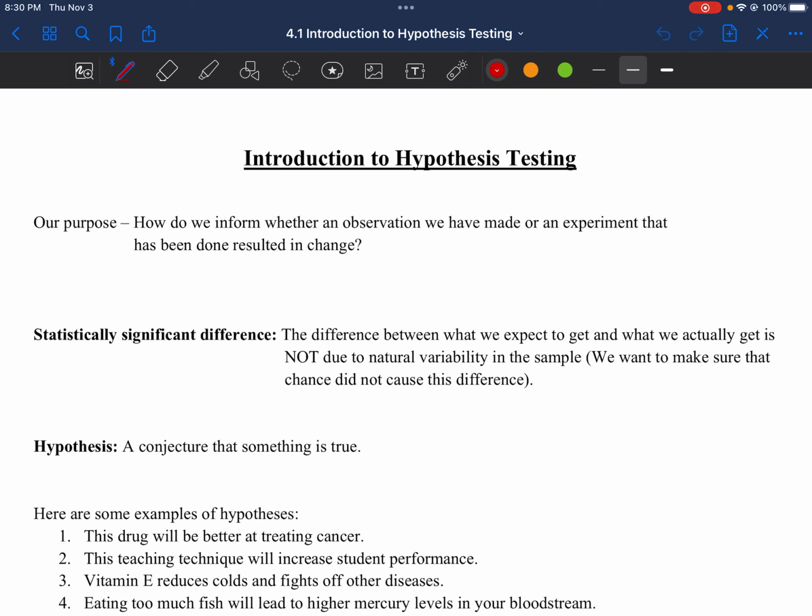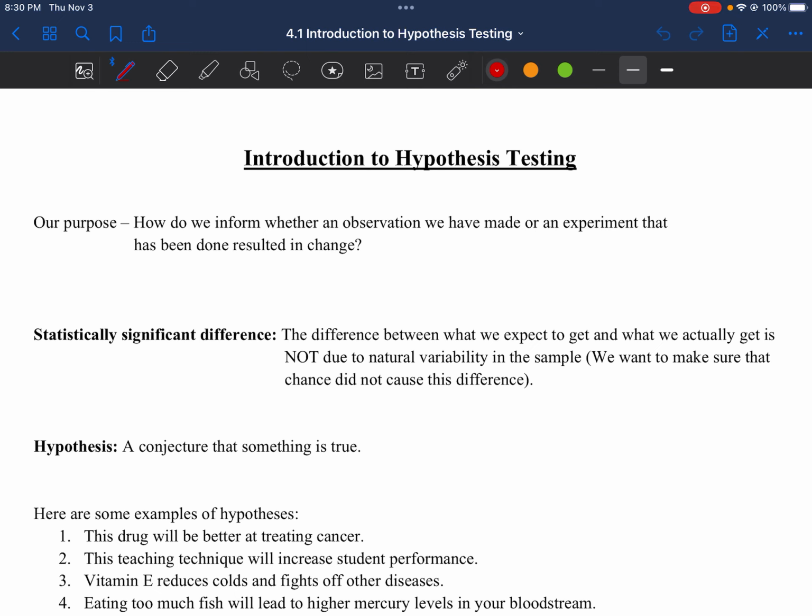So we just ended the last unit talking about sampling distributions. And we know that if we take a random sample of size n from a population, that its mean can vary from the population mean, and that's okay.